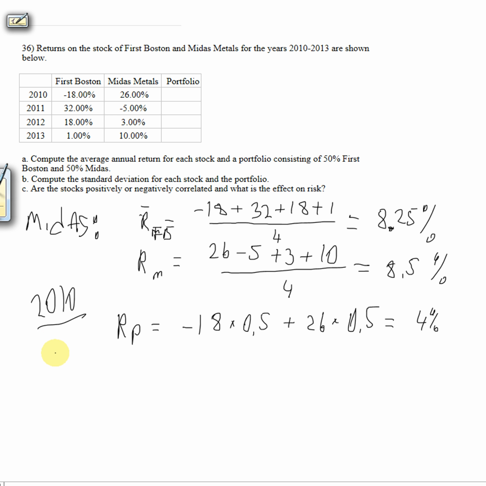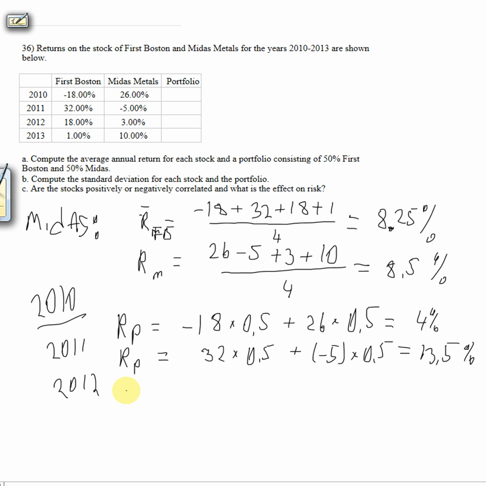For 2011, RP then is equal to, again, 32 times 0.5 plus, well, this is minus 5 times 0.5. This gives us about 13.50%.